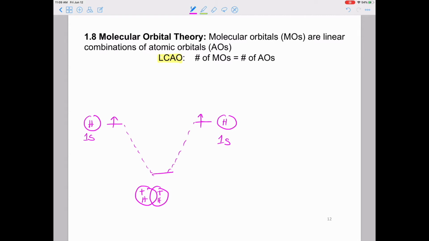Now, the two orbitals being of the plus phase overlapping is the same as if they were both the minus phase. All right, now the other way these two orbitals can be brought together is out of phase. That is, the plus orbital of one hydrogen atom and the minus orbital of the other hydrogen atom.